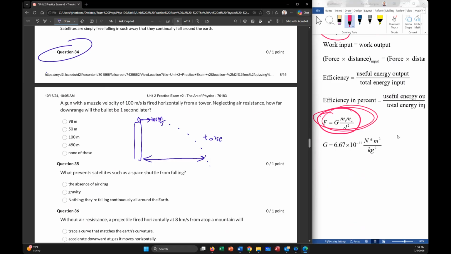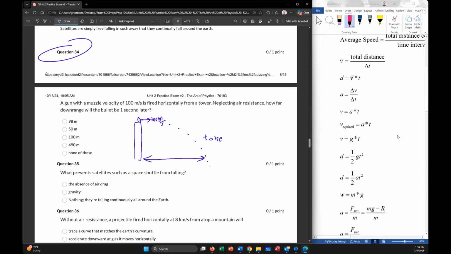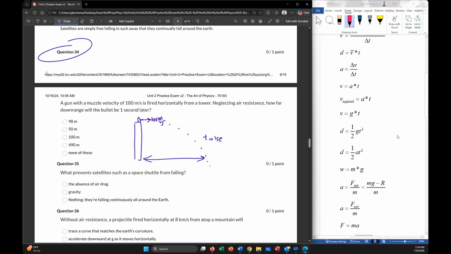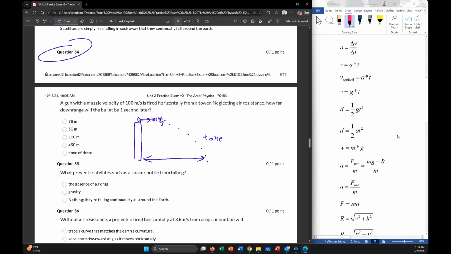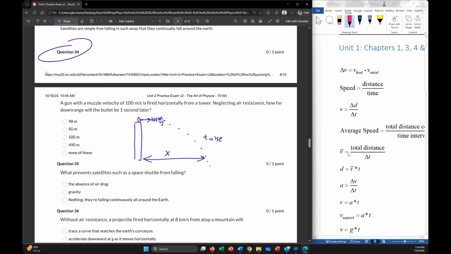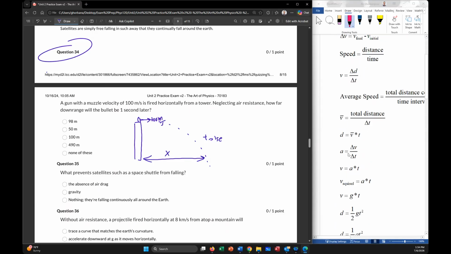We need to go back to these equations. You remember we said that if we want to calculate this, because horizontal velocity is constant, yes? Which formula can I use? What is the constant velocity formula?